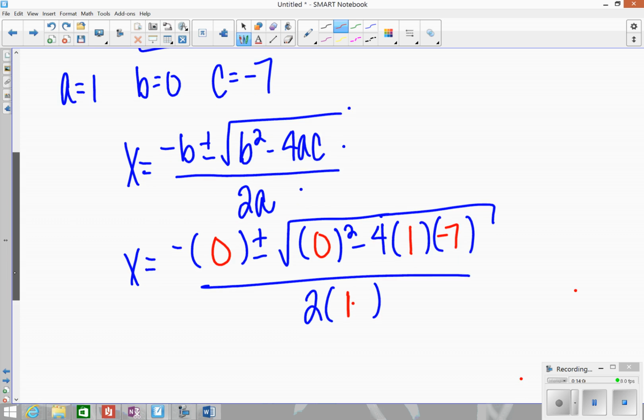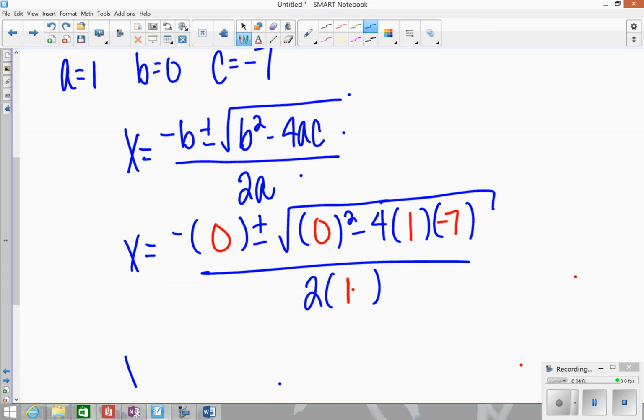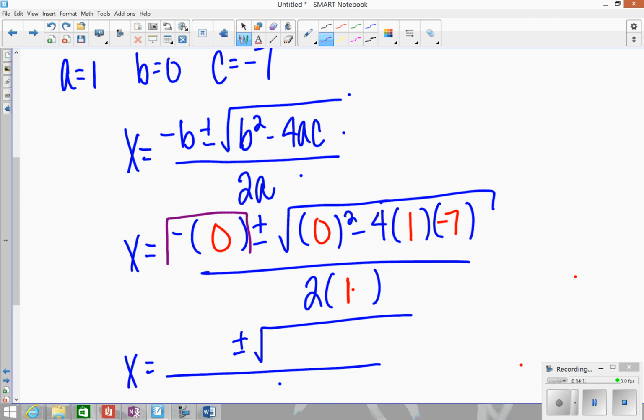So now when we go to simplify, I'm going to first just rewrite x equals, we're going to get some number plus or minus square root, and we're going to be dividing. So these are all the things we're keeping. Now we're going to simplify. So negative times 0 is just going to be 0. Simplify all of this. So you're going to end up with 0 plus 28, because negative 4 times negative 7 is going to be positive 28, so it's going to just be 28.